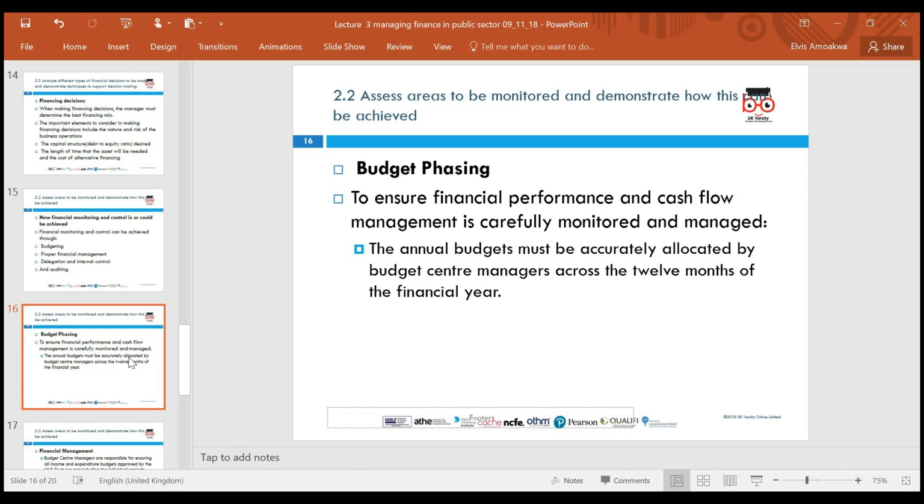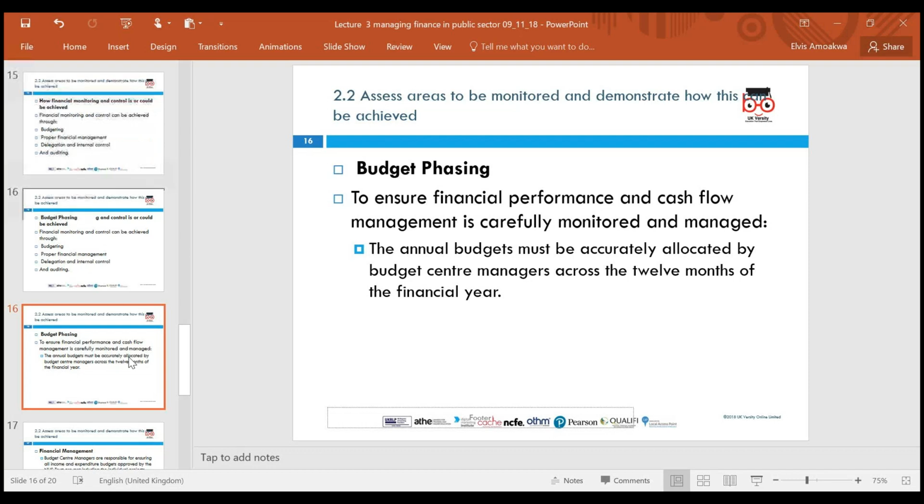But if you take any organization, any public sector organization, to ensure financial performance and cash flow management is carefully monitored and managed, the annual budget must be accurately allocated by budget center managers across all the 12-month period. So if we are able to allocate it to different cost centers, we will be able to monitor and control how we spend our money. So that is the budgeting phase.